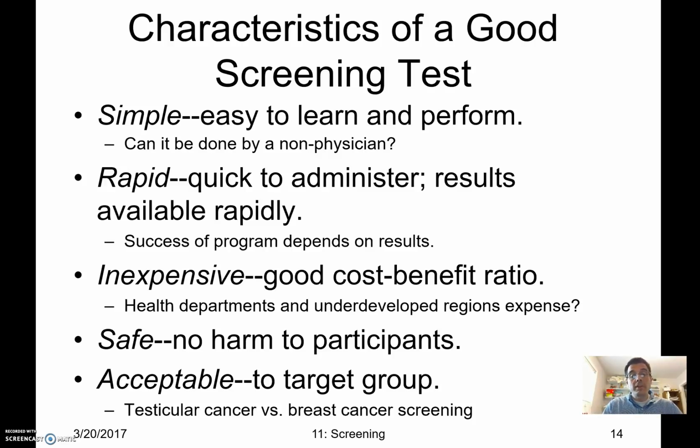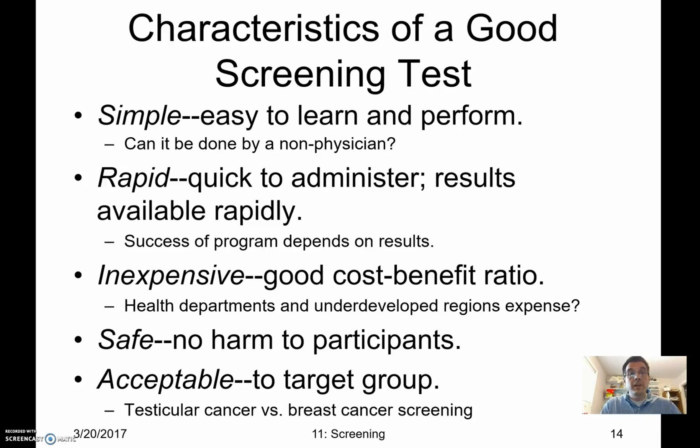Is it safe, where there is no harm to the participant, where they're able to participate in the screening test, but there's no long-term disability or outcome as a result? And then last but not least is that it needs to be acceptable to the target group, the ones that are actually participating in the screening test.